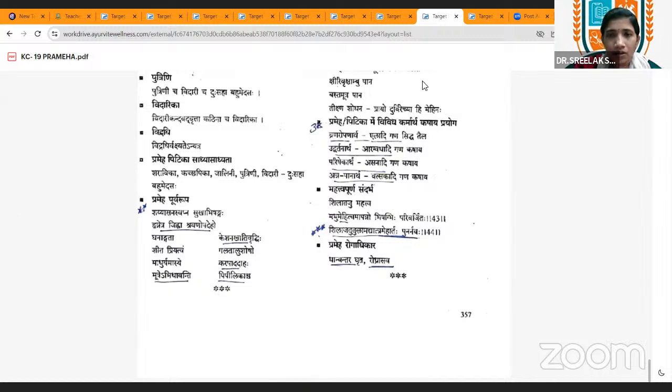Then moving to the next chapter. We can study the next chapter, that is Udaram. Udaram is also a very important one.